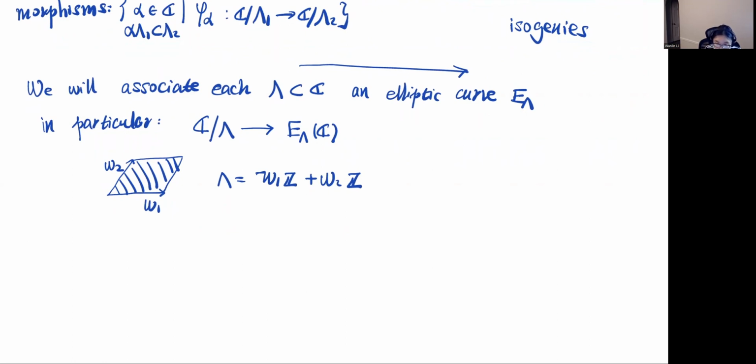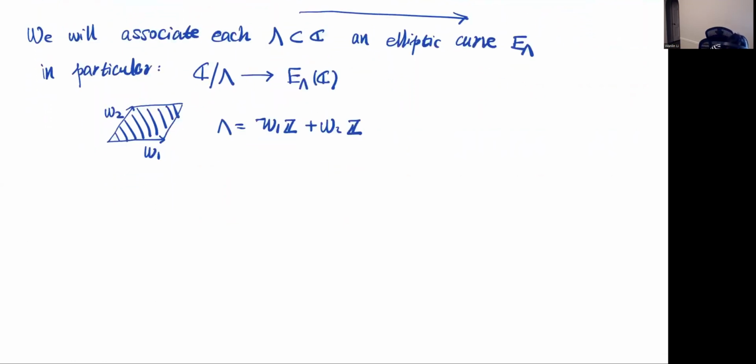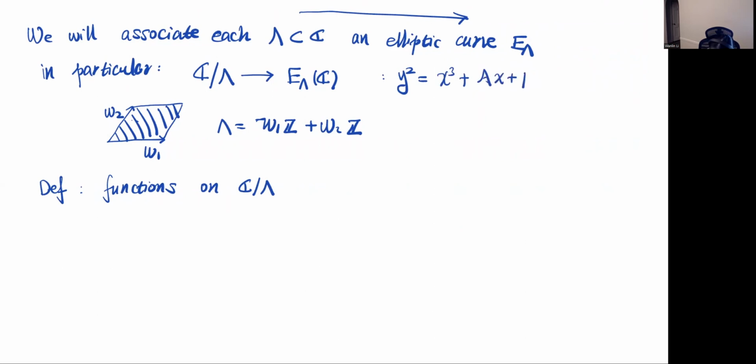To do this, we need to first define some functions on C mod lambda. We want to define functions on the points of these parallelograms. Think about how you represent a point if my elliptic curve is given by a Weierstrass equation, y squared equals x cubed plus ax plus b. I identify a point by its coordinates x, y.